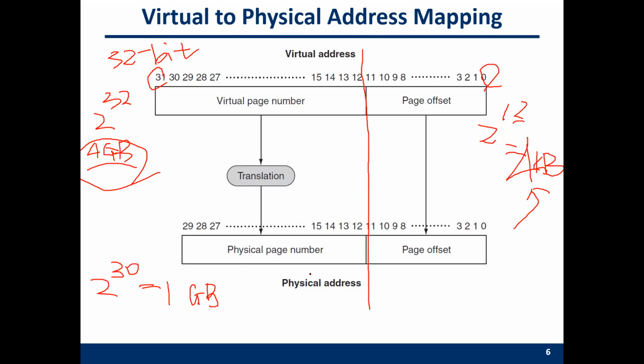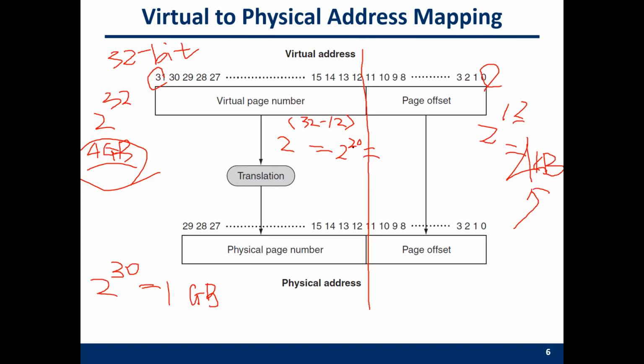For the virtual memory, you have a virtual page number. For the physical memory, you have a physical page number. For the virtual page number, you have 2 to 32 minus 12, which is 2 to 20.